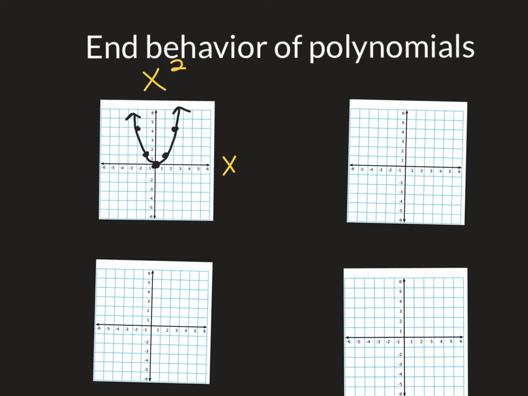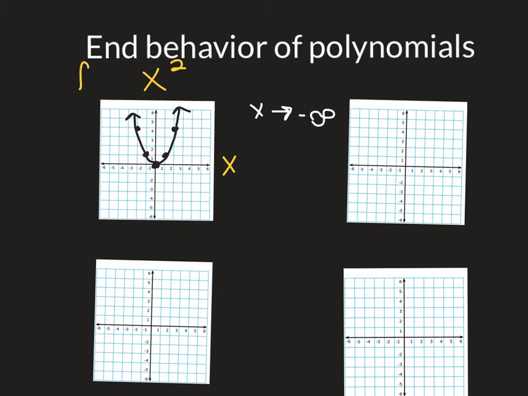Okay, so now what I'm going to do next is let's go ahead and put these into notation. So let's think about this. What was I saying there? I said as I plug in x values really far to the left, or as I plug in x's that approach negative infinity, what this says right here is as my x values on the x-axis go to negative infinity, then what happens with my y values?